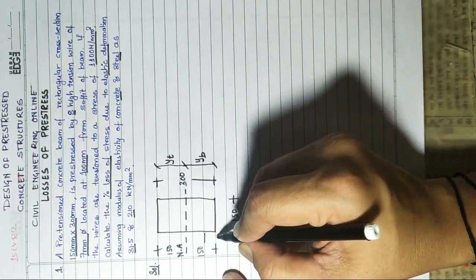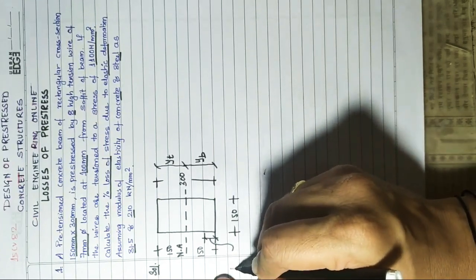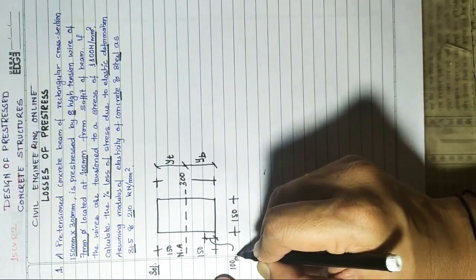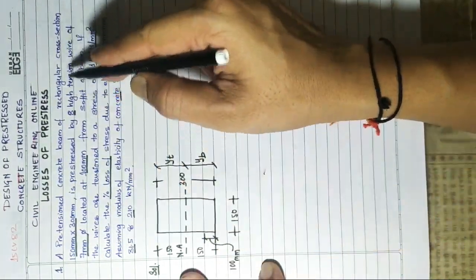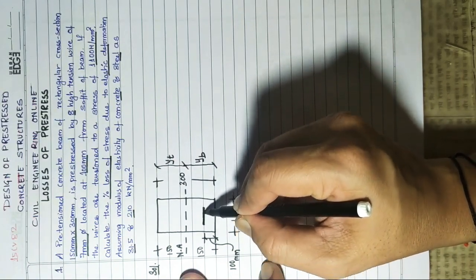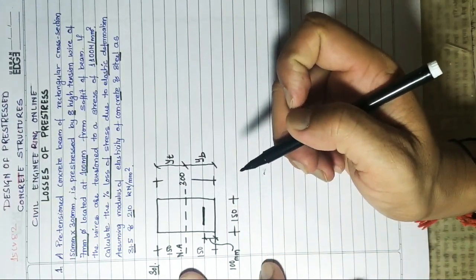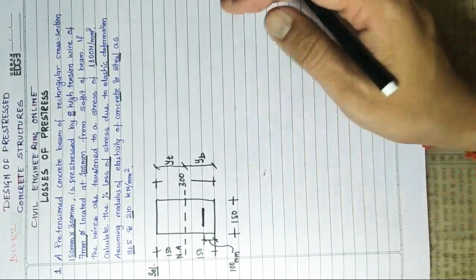100 mm comes out to be somewhere here. So this distance stands to be about 100 mm. Clear? So now the 8 wires are placed here. So these are 8 wires placed at a distance of 100 mm from the soffit of the beam.